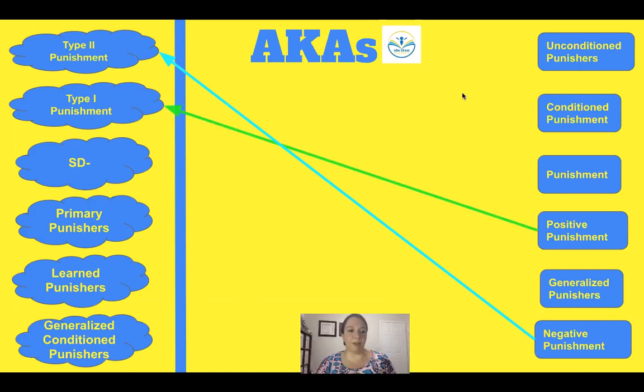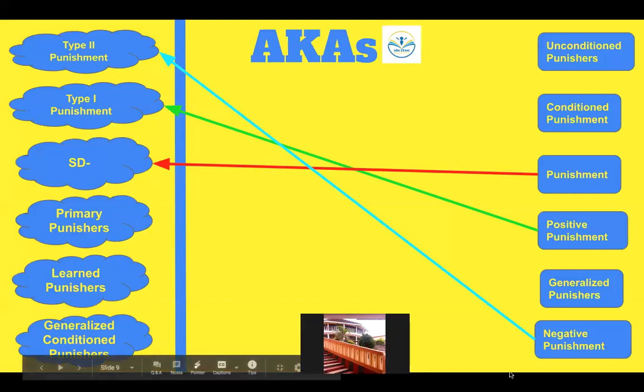I couldn't type a little d and then a minus, so I just tried my best. What is SD minus? Punishment. Very good. Primary punishers: unconditioned punishers.